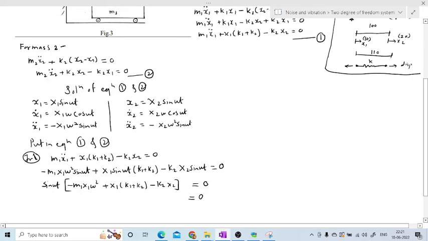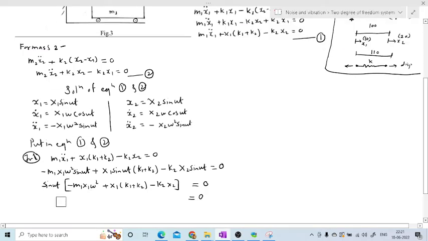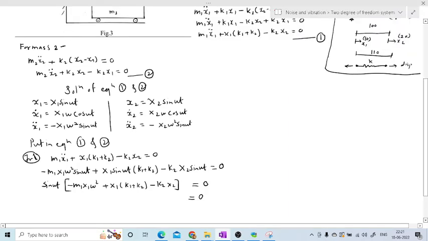Now I'll rewrite this equation. Instead of rewriting the equation again, I'll do some correction here. Here we have x1, here we have x1, so take x1 common.